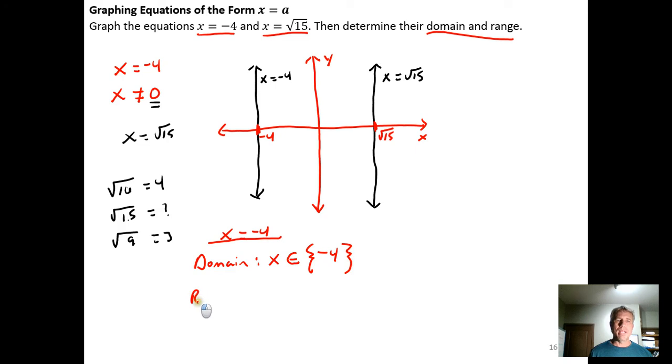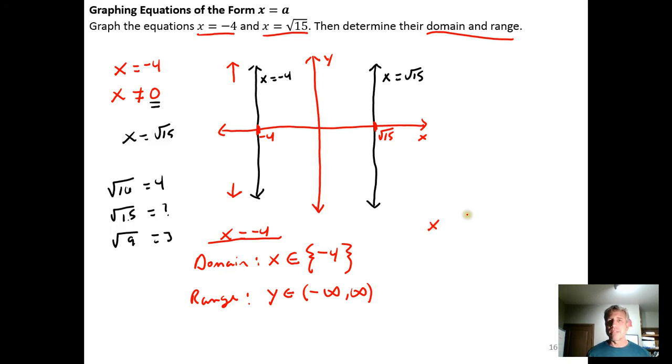And the range of the equation, or the relation, those are our y values. Well, where does y go with this one? Well, it's going to positive infinity, and it's going to negative infinity based on those arrows. So we see that y is an element of the open interval from negative infinity to positive infinity.